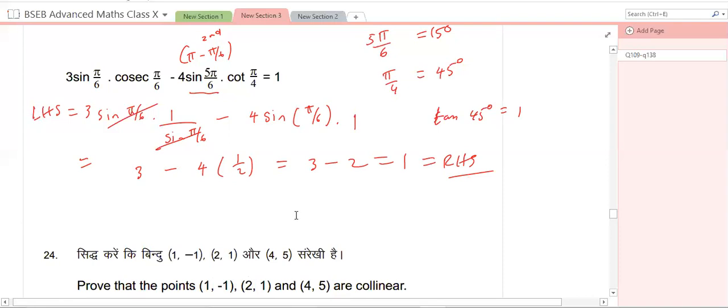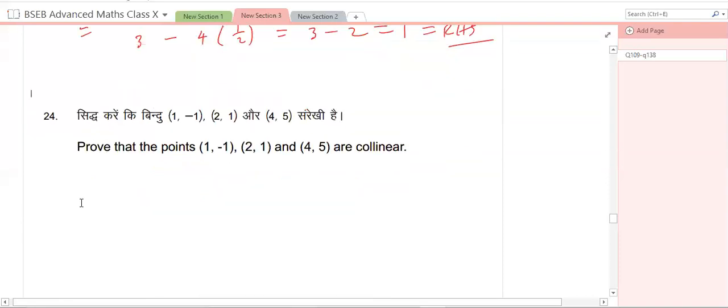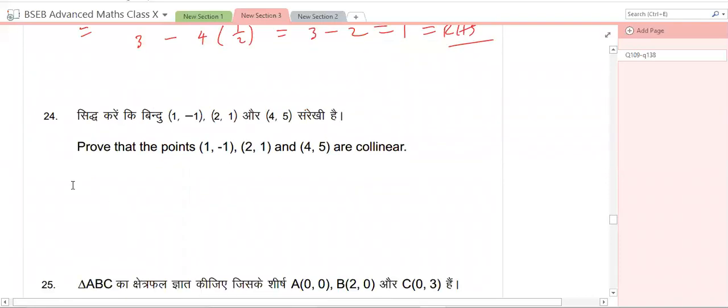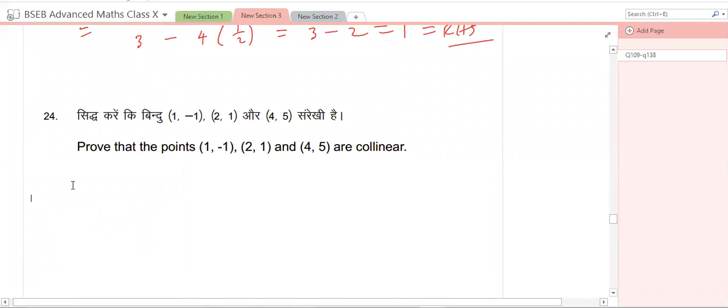Looking at question 24, prove that points 1, -1, 2, 1, 4, 5 are collinear. To prove that these 3 points are collinear, collinear means they lie on the same line. So we have point A, point B, and point C. We can call this A as 1, -1, B as 2, 1, and C as 4, 5. If they lie on the same line, the gradients are all equal.